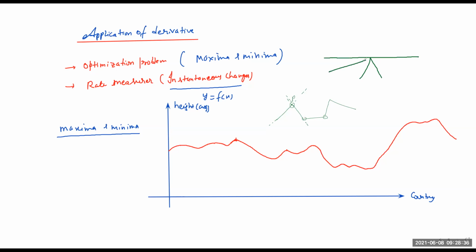We can draw infinite lines like this, and all of these lines will pass through just point P. So can we define the unique tangent? The answer is no. We cannot define a unique tangent.